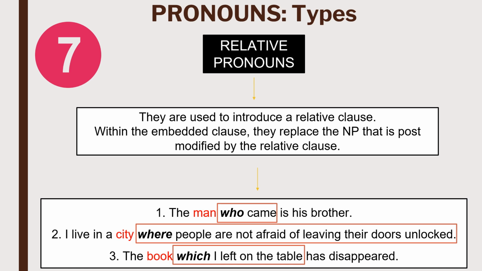As you can see, the relative pronouns who, where, and which introduce each of the relative clauses. And each of them refers to the phrase this clause modifies. So who refers to man, where refers to city, and which refers to book.